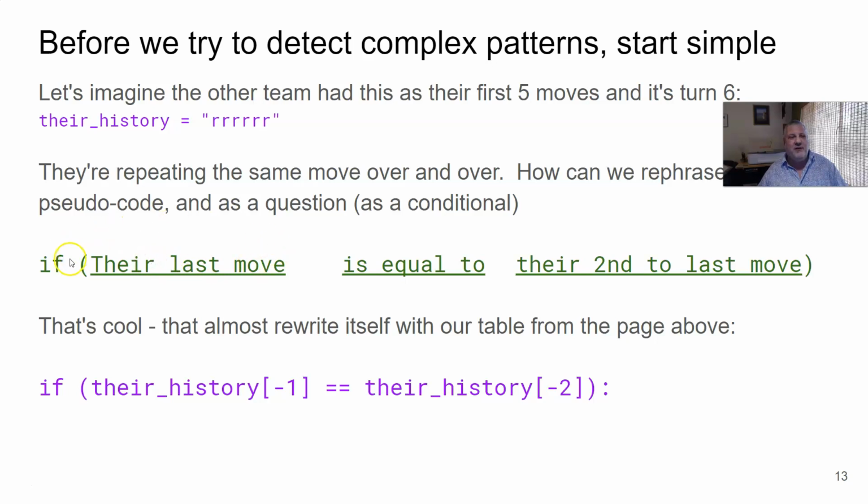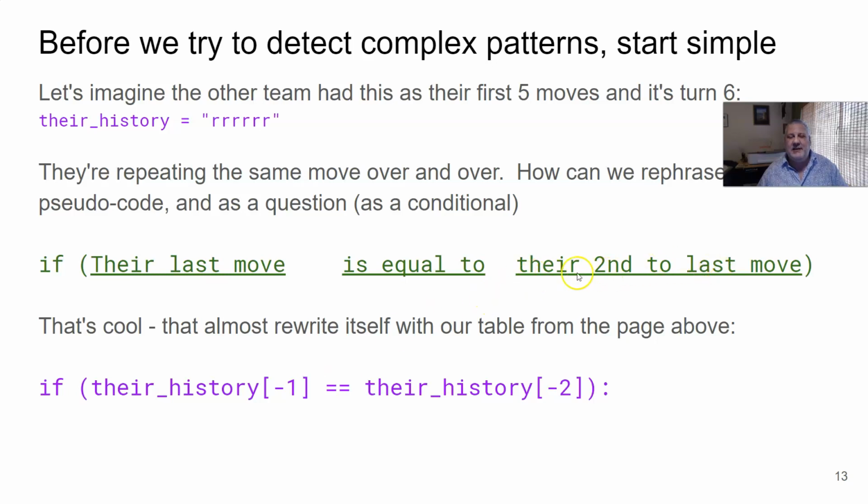So how can I convert this pseudocode, if their last move is equal to their second to last move, into Python? It's almost written for us. Their last move, I know that's their_history[-1], because I'm starting from the end. Equals in Python, if I want to compare something, I'm going to use 2 equal signs.